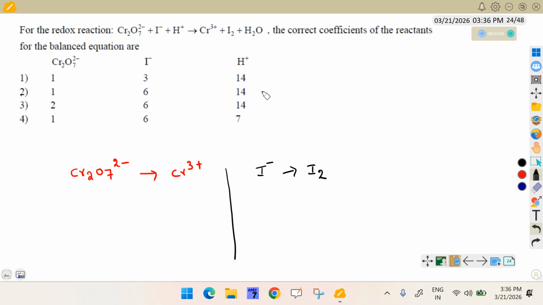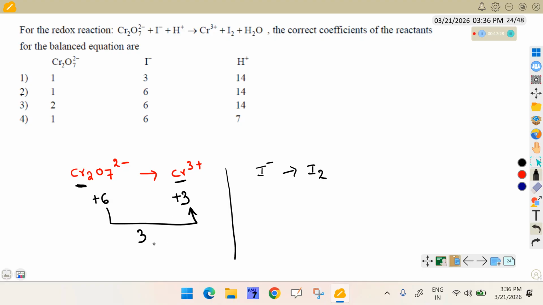For the redox reaction given, find the correct coefficient of the reactant. First calculate oxidation state of chromium in Cr2O7 2-, that is plus 6. Oxidation state of chromium in Cr3+ is plus 3. Oxidation number difference is 3.